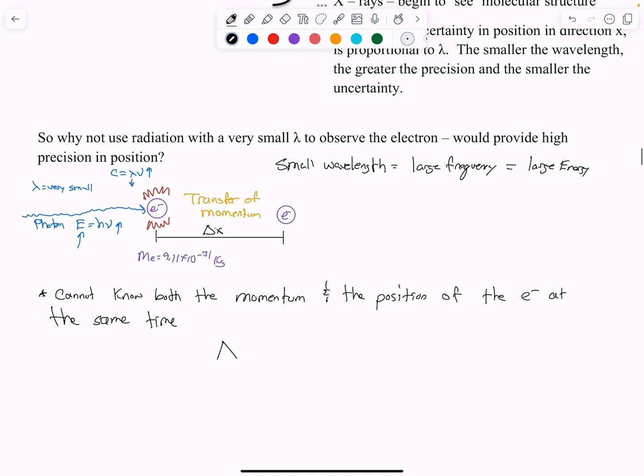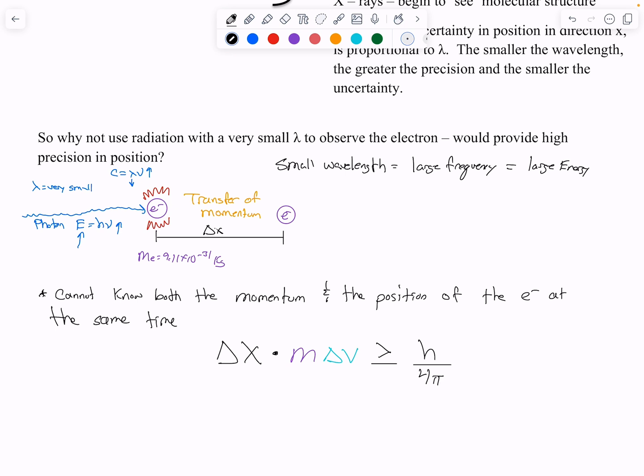So delta x multiplied by m delta v is greater than or equal to h divided by 4 pi.